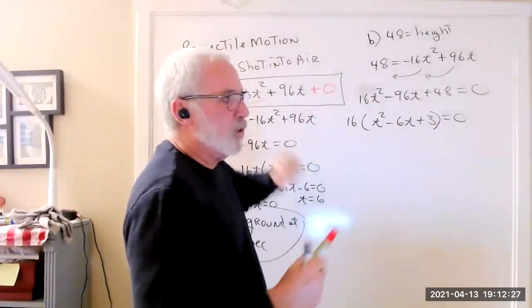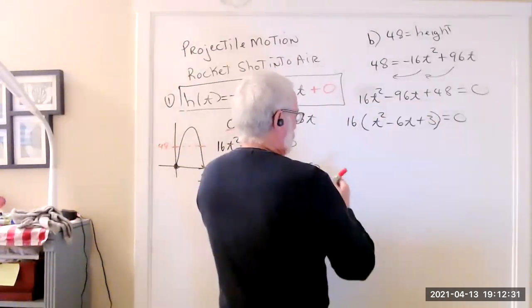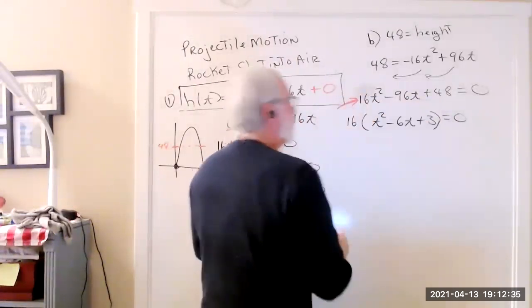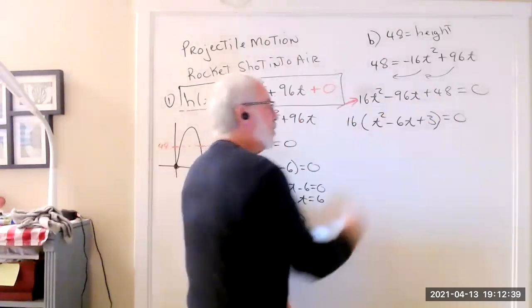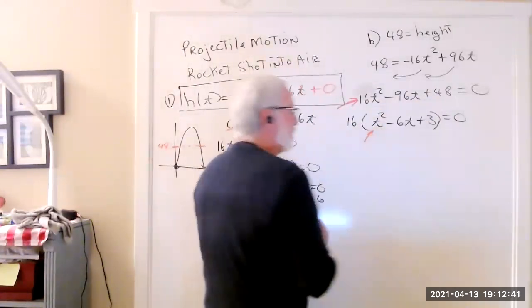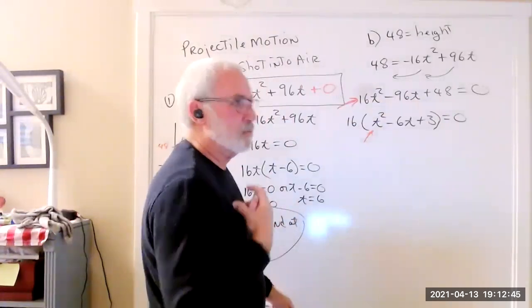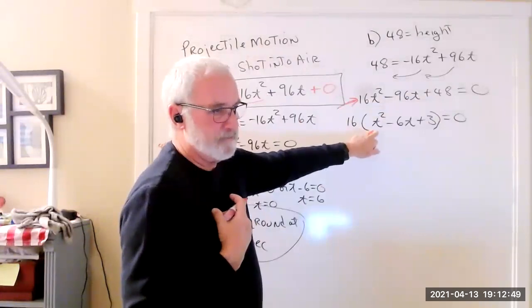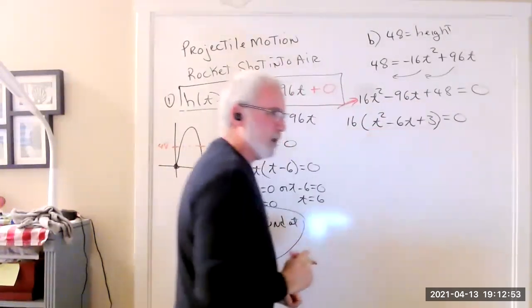So question, would you rather use this problem and use your quad formula with big, ugly numbers? Or would you rather use this problem and use the quad formula with smaller numbers? Personally, I'll take the smaller numbers every time. Okay or not okay with everybody?